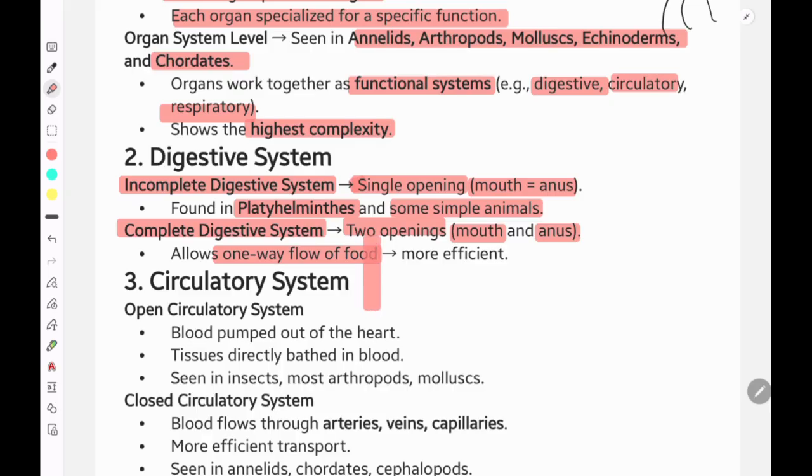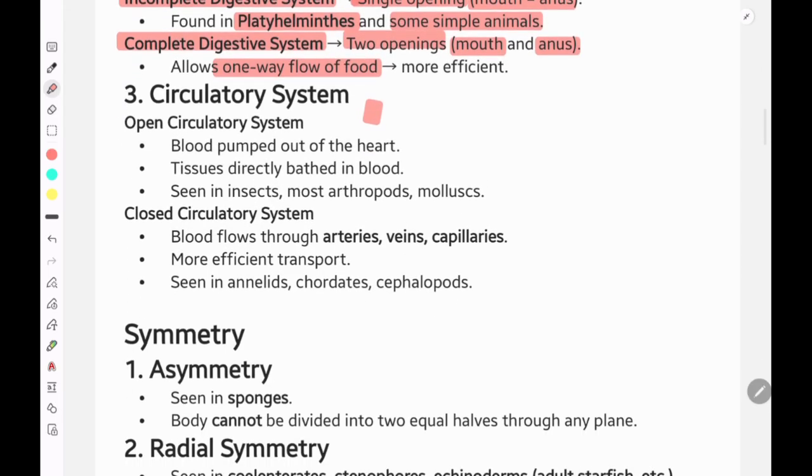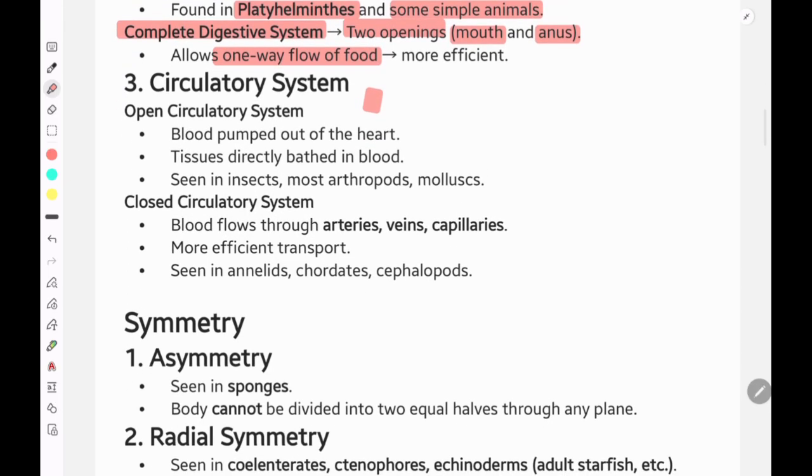If we talk about the circulatory system, it is divided into two types: open circulatory system and closed circulatory system. In the open circulatory system, the blood pumped out of the heart is in direct contact with the tissues. The tissues are directly bathed in the blood to fulfill the requirement of oxygen.